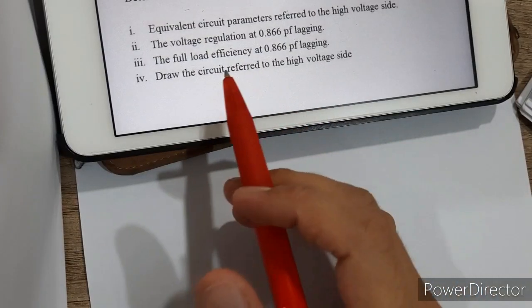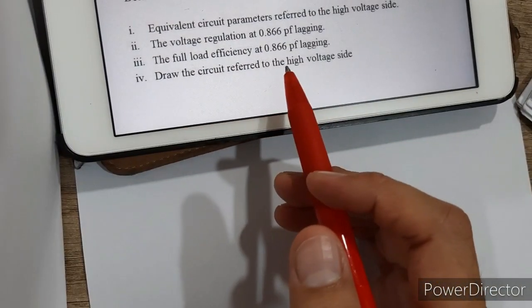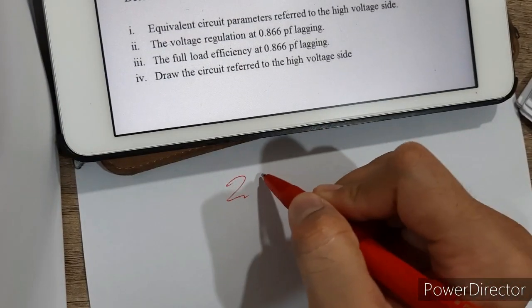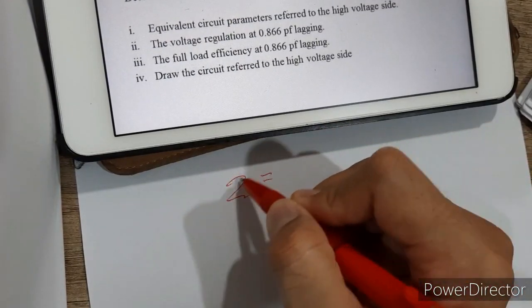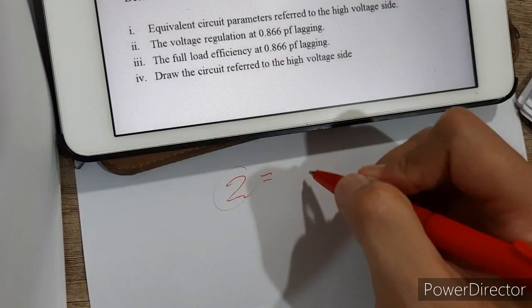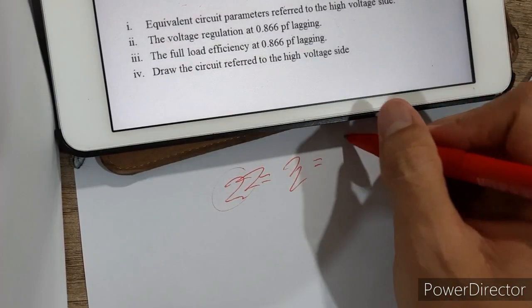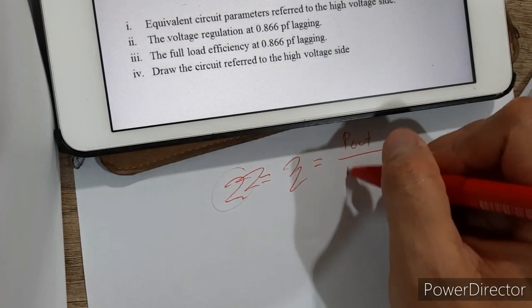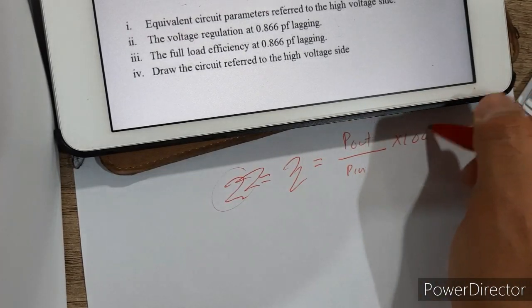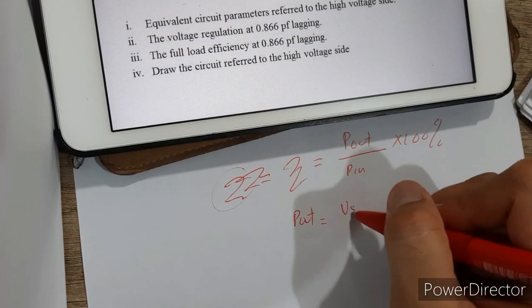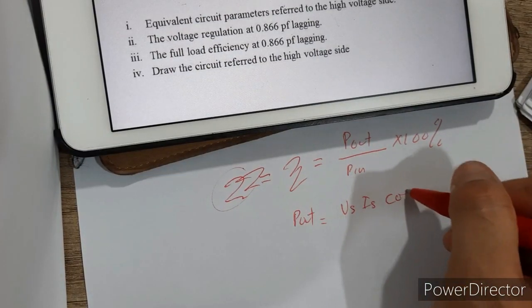So next is the full load efficiency at 0.866 power factor lagging. We know that efficiency, this is the symbol for efficiency, equals PR over Pin multiplied by 100%. PR equals VS IS cos theta.